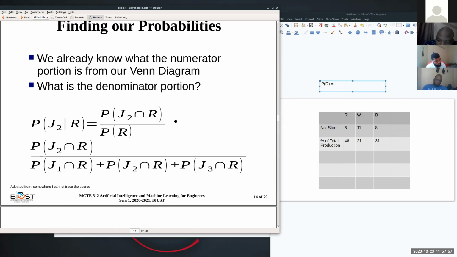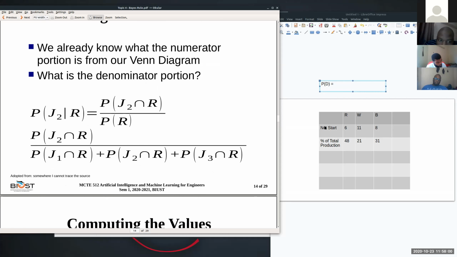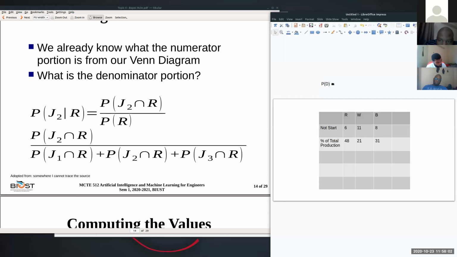So we can have the probability of the intersection: the probability that it is from the red line and it is defective.